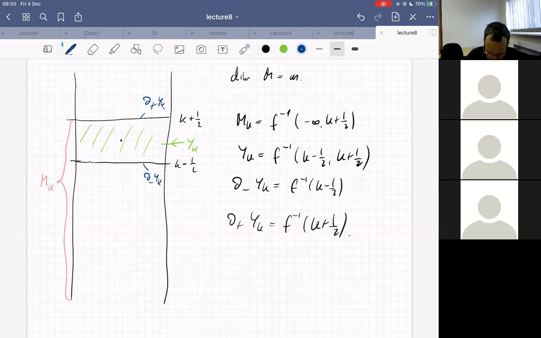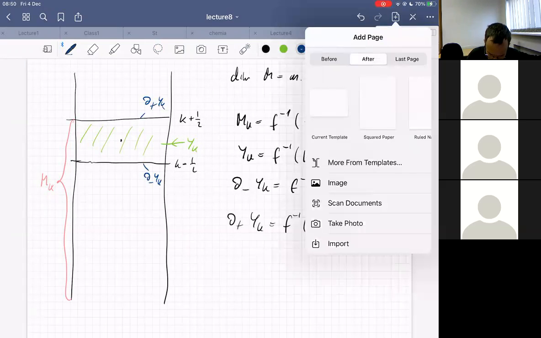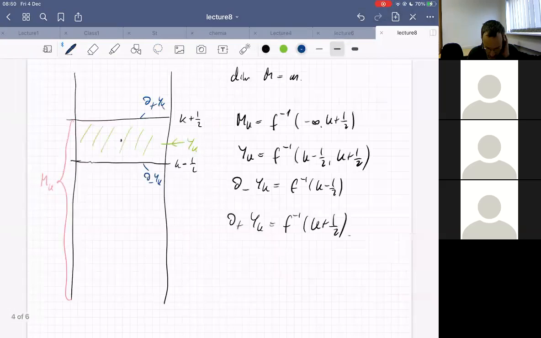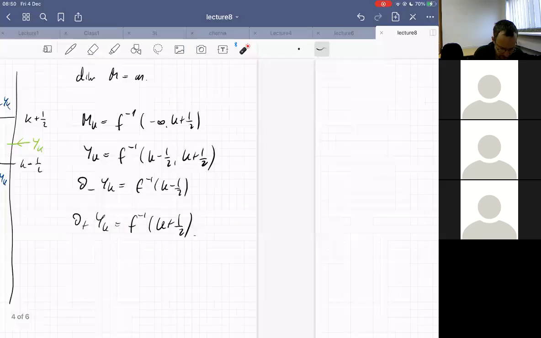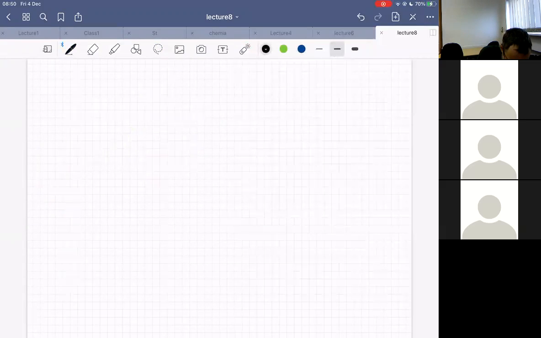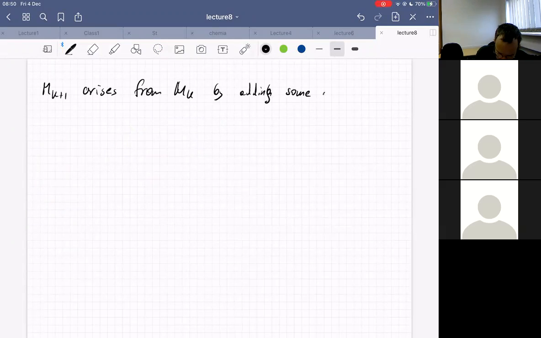All right, now what do we do? We know that here we have a critical point of index k. So let me just say mk plus 1 arises from mk by adding some number of k handles.